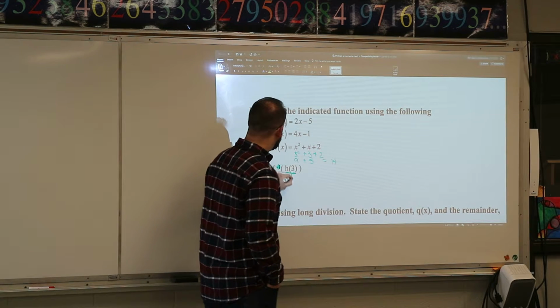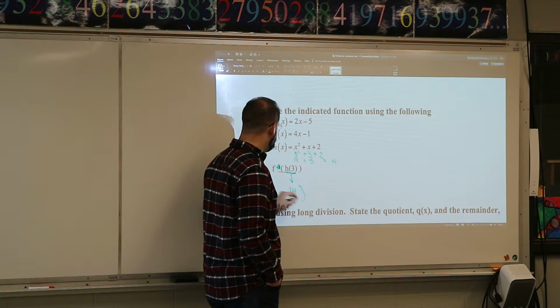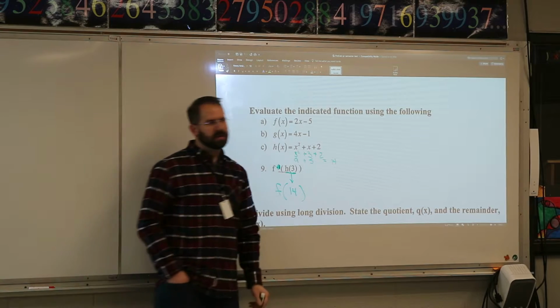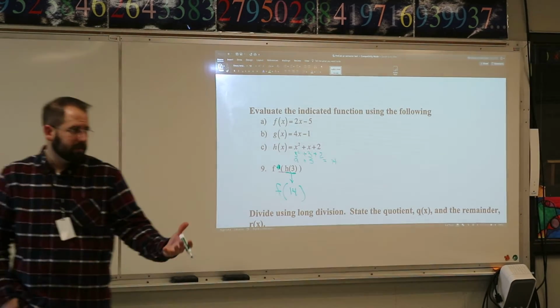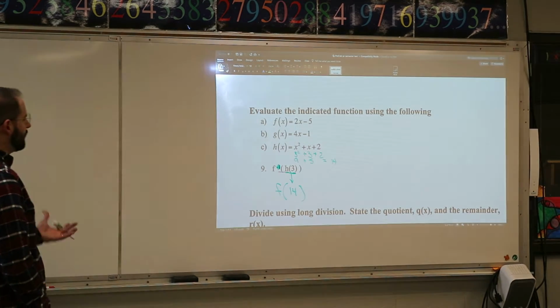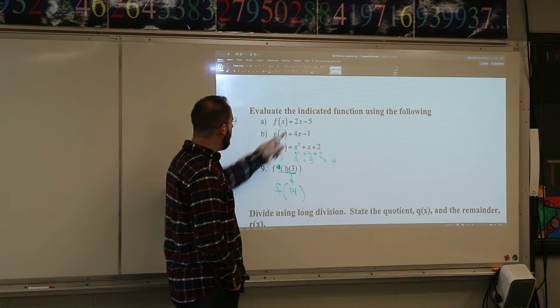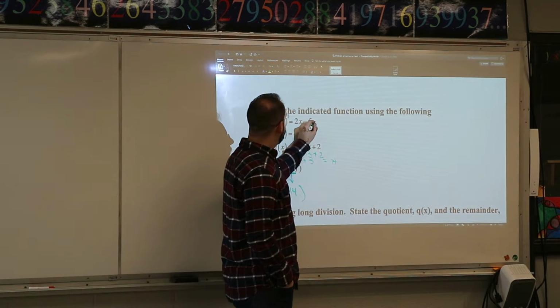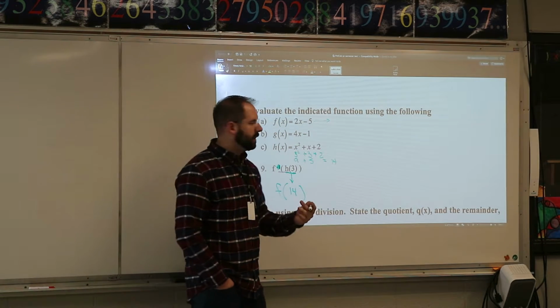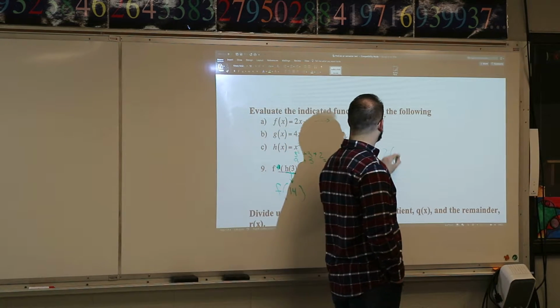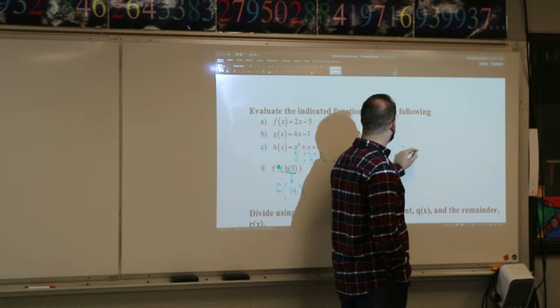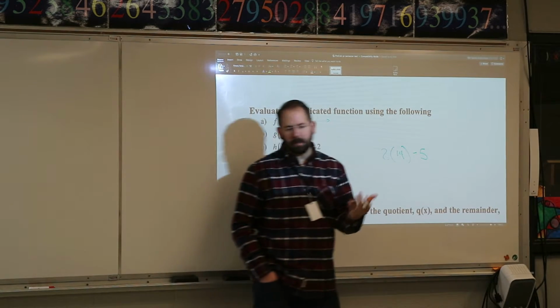All right, so what you're going to do is replace this 14 here, and plug that into the f function. That's all you're doing. It's substitution. So you're taking the 14 because that was what h of 3 was, and now you're going to plug that 14 in for f. So if I plug 14 in here, this will be my final answer. So 2 times 14 minus 5. That's the type of problem I'm going to give you.